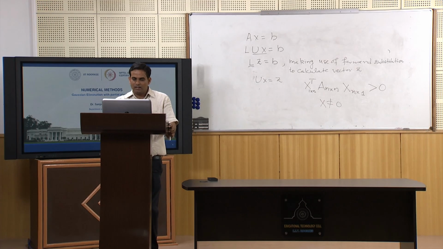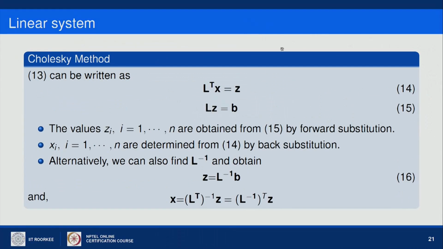Like if you are writing A equals L into L transpose, the system of equations Ax equals B can be written as L into L transpose x equals B. Just assume L transpose x equals Z. So, this will give Lz equals B. From here you will calculate Z and then substitute back the value of Z to find x.